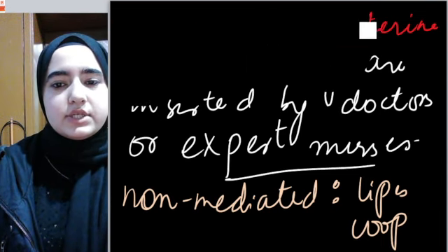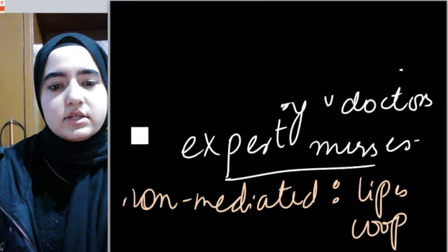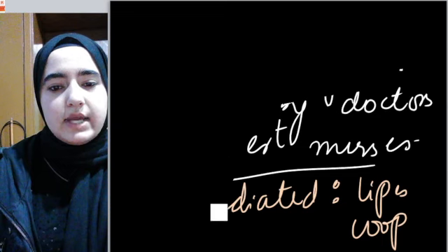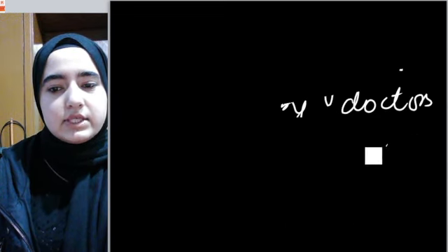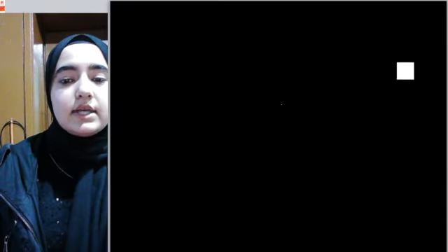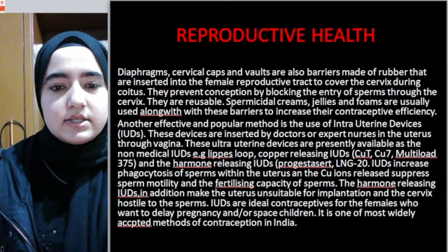IUDs are intrauterine devices which we insert inside the uterus, and they are not inserted by ourselves. They are inserted by expert doctors or expert nurses. The one that comes under the non-medicated category is Lippes Loop.